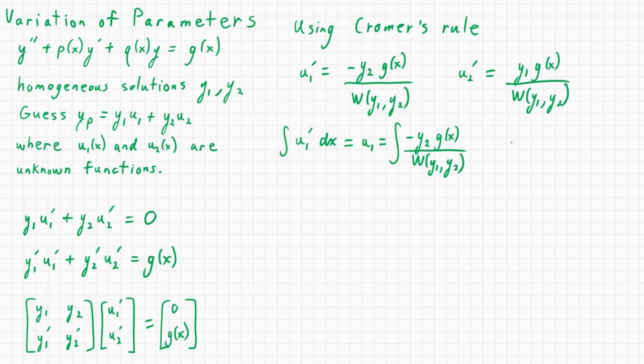If we integrate both sides, the function u2 is equal to the integral of y1 g of x over the Wronskian of y1 comma y2. And excuse me, I forgot my dx there, and there's a dx. So now we actually have expressions in terms of all known things for u1 and u2.